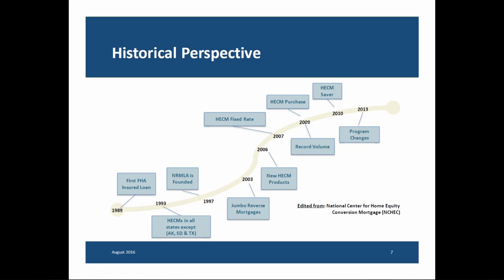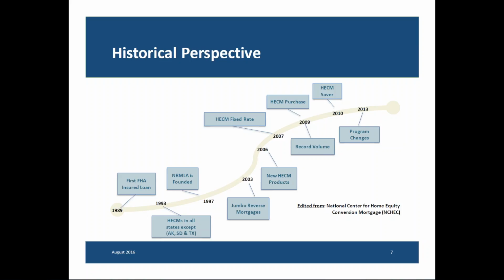Then 2009, two important things came out: HECM for purchase, and also a record volume in reverse mortgages, with 110,000 loans insured during that time. In 2010, HECM Saver offered a lower MIP, but it lowered the principal limit.